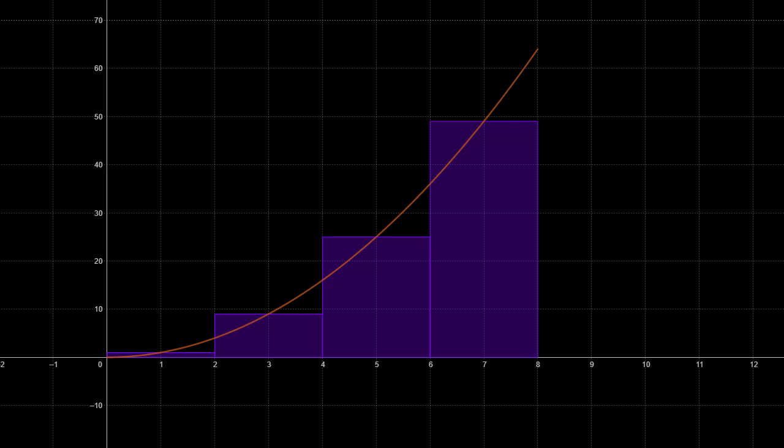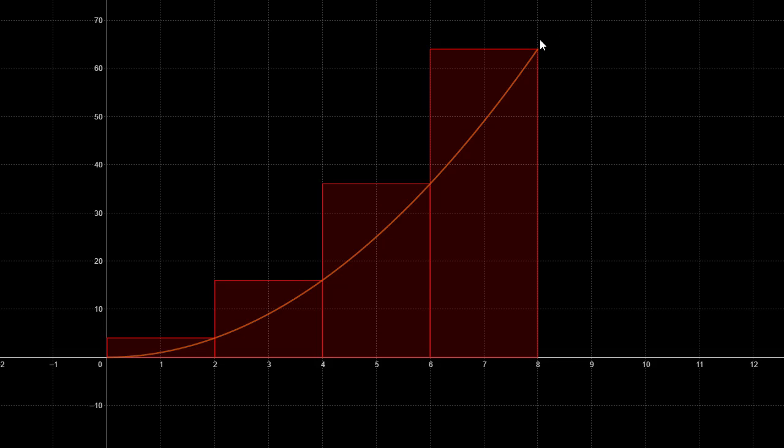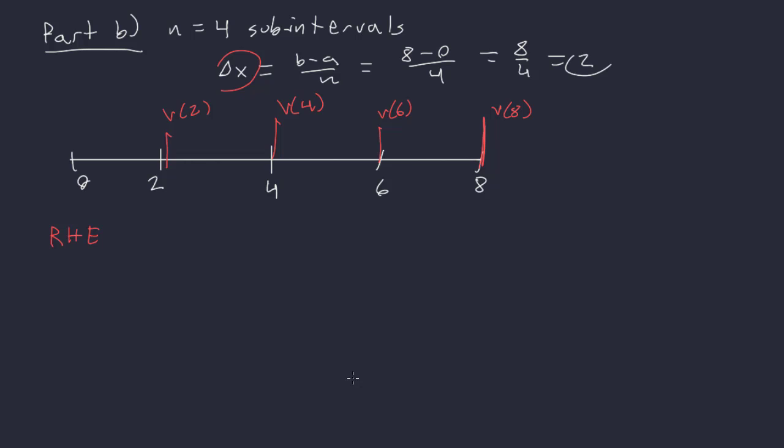All right, so if we go back to the graph and look at the right-handed estimates, right, v of 8, v of 6, v of 4, v of 2. Okay, so the area of all these rectangles, well, it's delta x, which in this case is 2, times v of 2 plus 2 times v of 4 plus 2 times v of 6 plus 2 times v of 8.